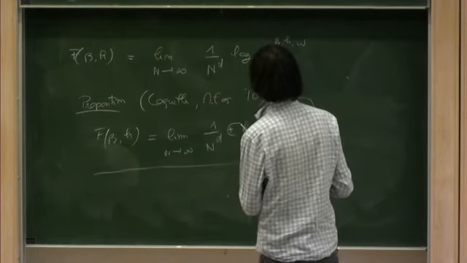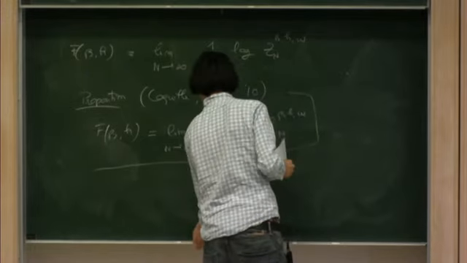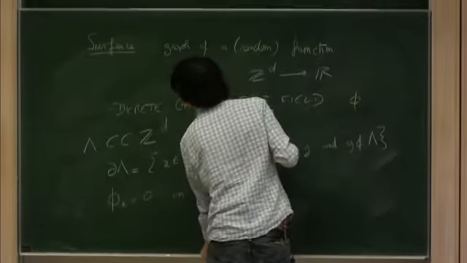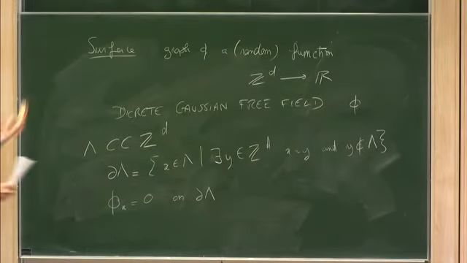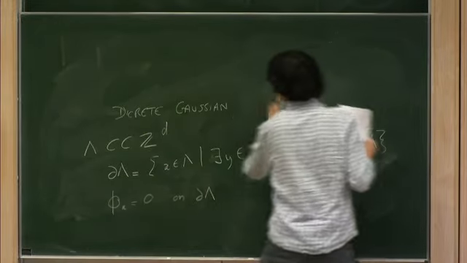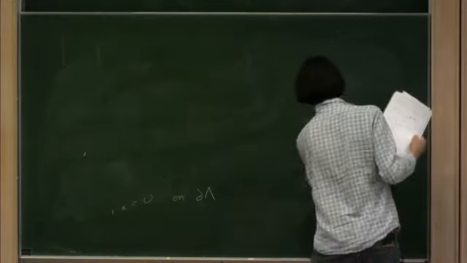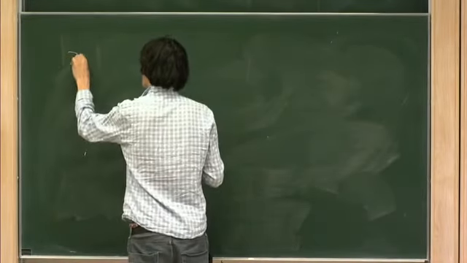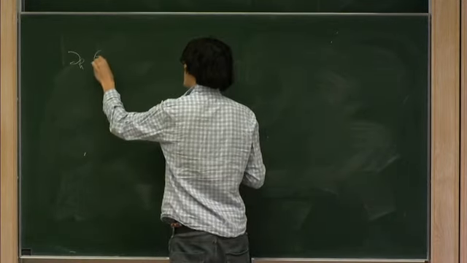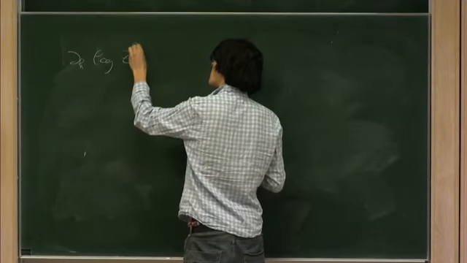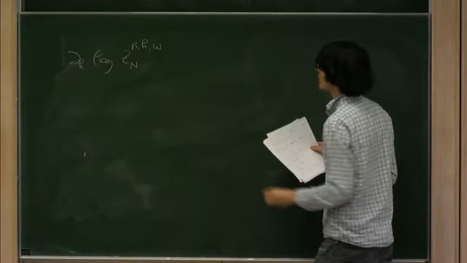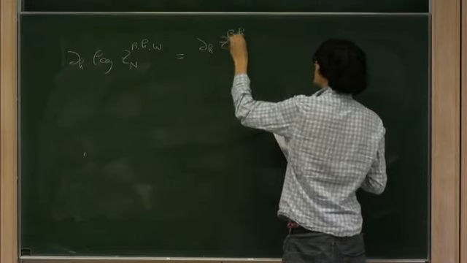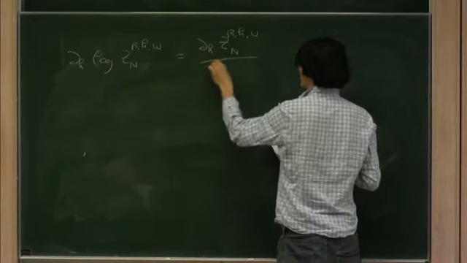So why is this a relevant quantity to study? This is not too complicated to see. Let's take the derivative of log Zn with respect to h and see what we obtain. If you differentiate log Zn, you obtain the derivative of Zn over Zn.